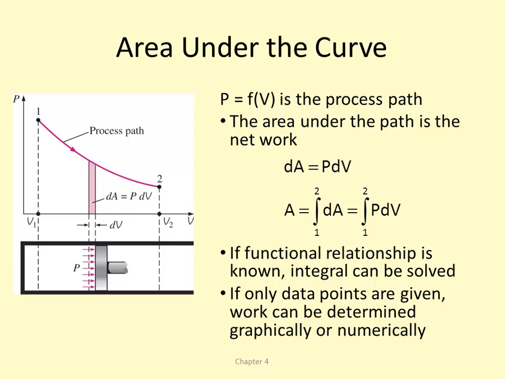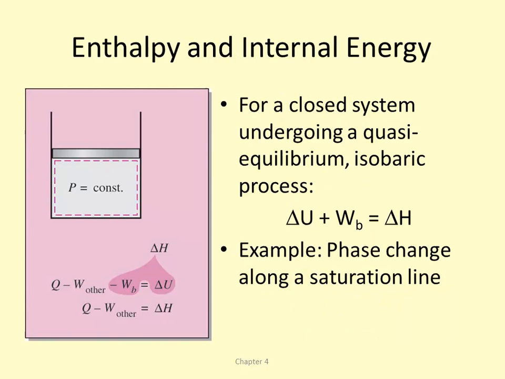But if we don't know the functional relationship, but we know maybe that it's a linear connection between point 1 and 2, that's when we can just plot it on paper and graphically calculate the area under that curve to figure out the total boundary work, or the total work done under the curve.